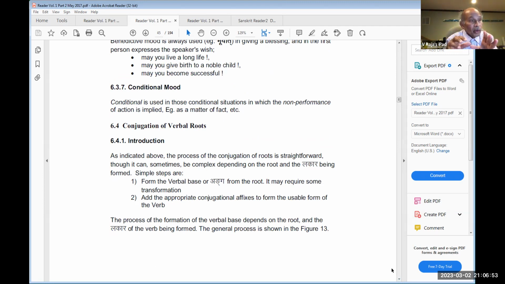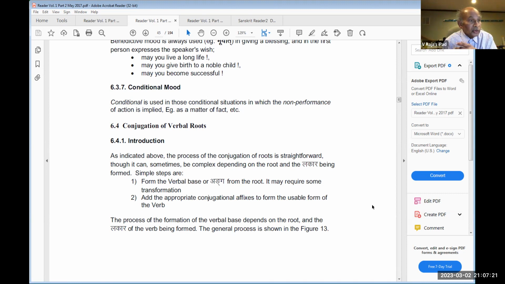Then each group has its own specific peculiarities. There is what's called a gana vikarana. So you take the dhatu, check whether it is one of those 13 roots, then add the gana vikarana specific to that gana, then add the verbal ending.